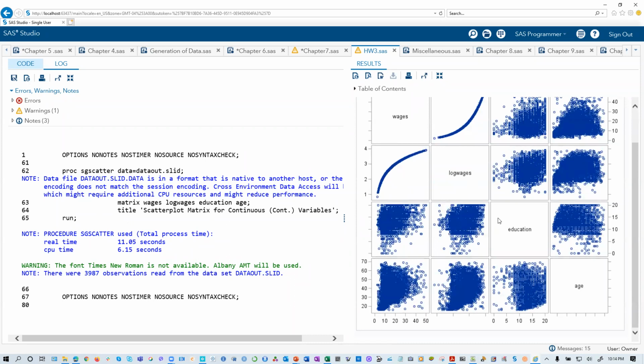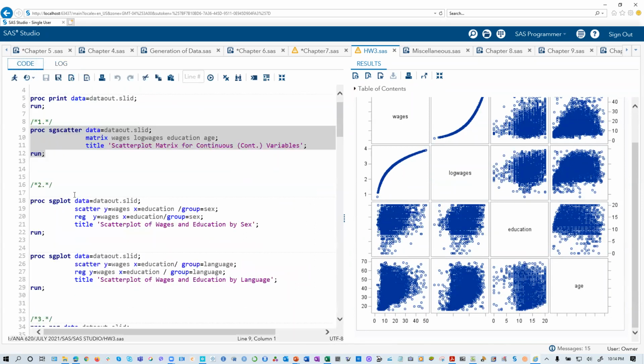Wages versus log wages versus education and age, something like this. You can see it's like clusters, not even clear. That's why sometimes transformations are important.